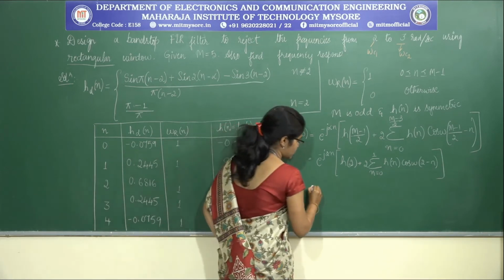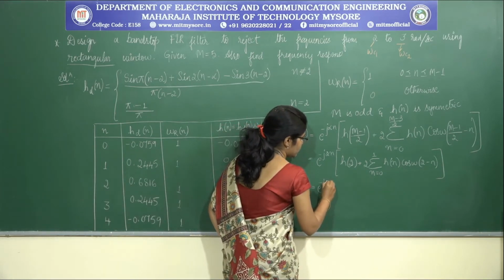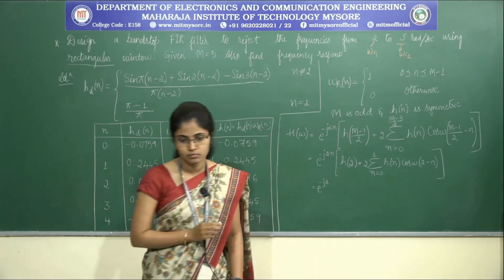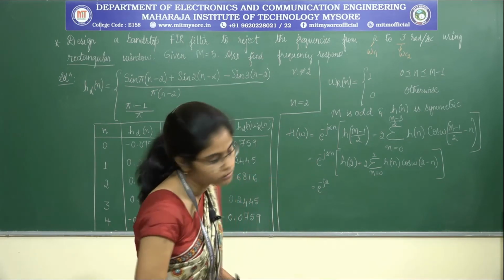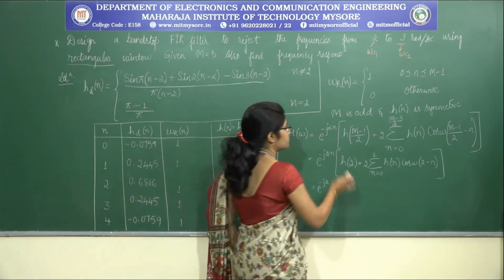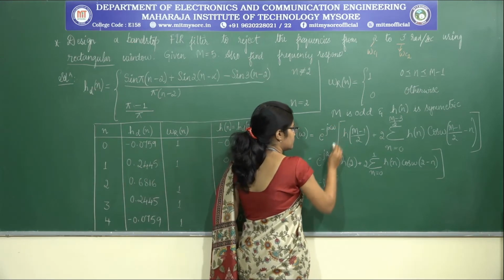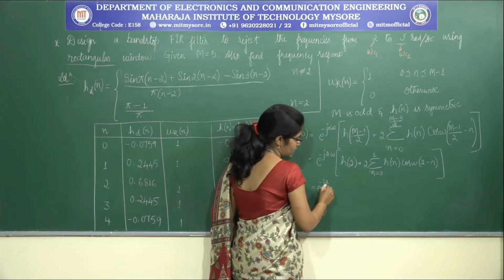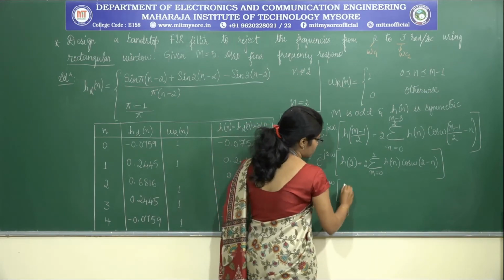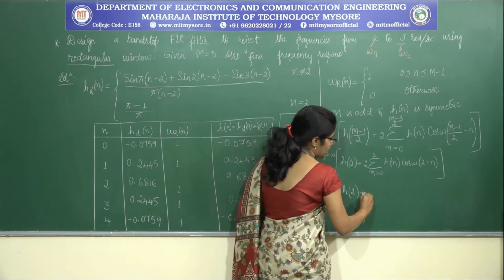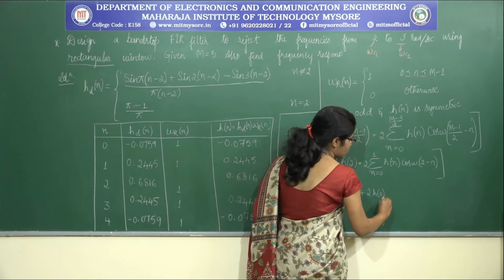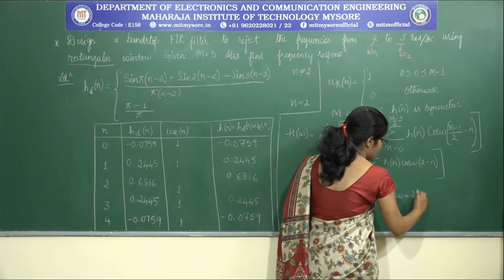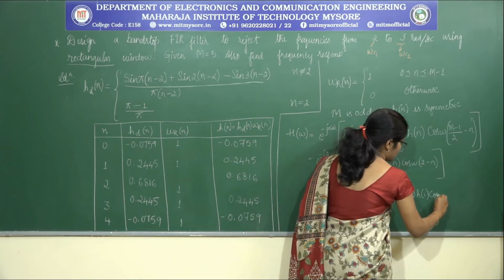So this will be equal to e power minus j 2 omega into h of 2 plus 2 into h of 0 into cos 2 omega plus 2 into h of 1 into cos omega.